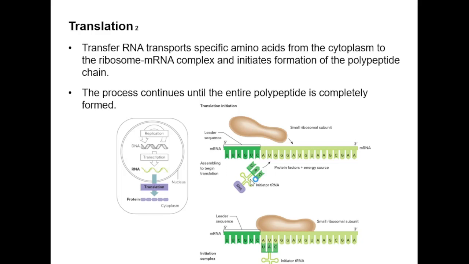As you can see, the first 3 letters here are AUG. Follow my pointer, please. So it will find an anticodon that is complementary to this. The complement should be uracil, adenine, cytosine. And here we have it, UAC.